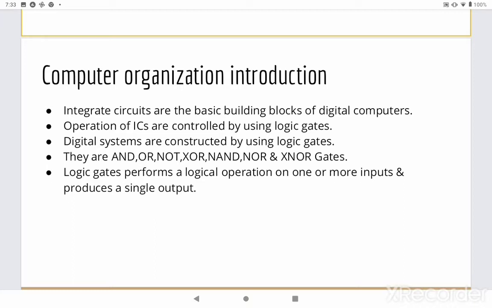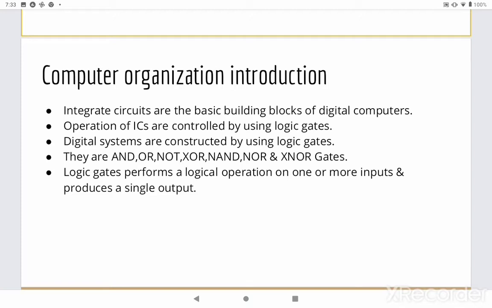Operation of ICs is controlled by using logic gates, so digital systems are constructed by using logic gates. So what is a logic gate? Mainly AND gate, OR gate, NOT gate, XOR gate, NAND gate, NOR gate and XNOR gates come under the category of logic gates.